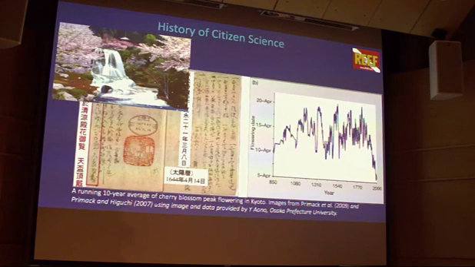Going back all the way to the year 850, they cataloged and noted in their journals when the first bloom and the peak bloom of the cherry blossoms would happen. A group went through and culled all those dates and data and looked at the peak flowering date through those years, and you can see just in very recent times that the peak flowering date is getting earlier and earlier.